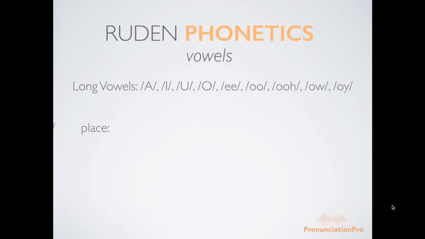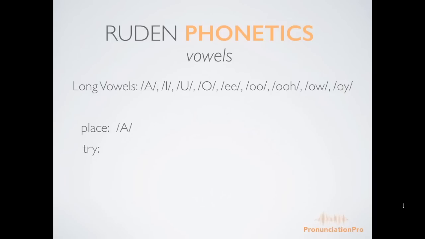If you say it out loud to yourself, get that long pronunciation, place, so it's going to be that capital A sound. Okay, so this is just a listening exercise, and we're just trying to identify which vowel is there.